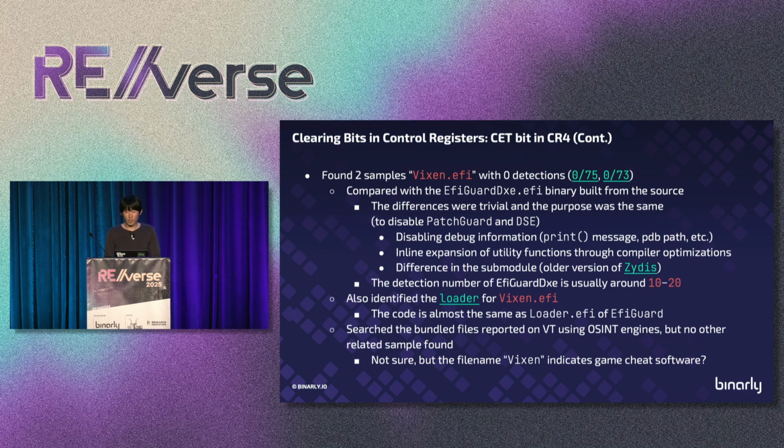And normally, the detection number of EFI Guard is around 10 to 20, so they should be detected as well. We tried to identify the purpose of the binary, but we could not. Guessing from the file name, it may indicate game cheat software, but we are not sure.